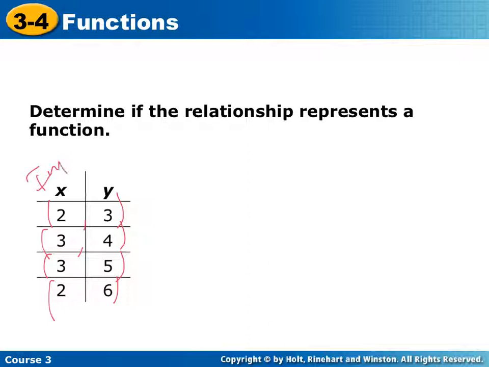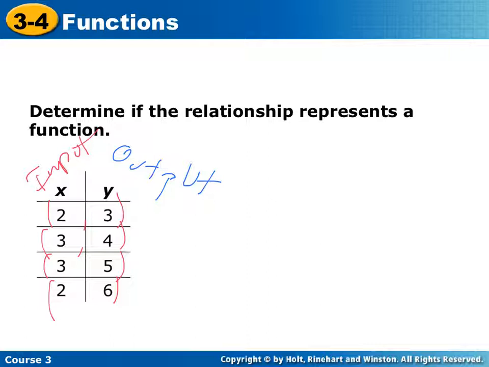X is my input. What is my output? Y is my output. So if I'm using an equation, it tells me that when my x is 2, y is 3. I'm fine with that. When my x is 3, my y is 4. My next one, when x is 3, my y is 5.